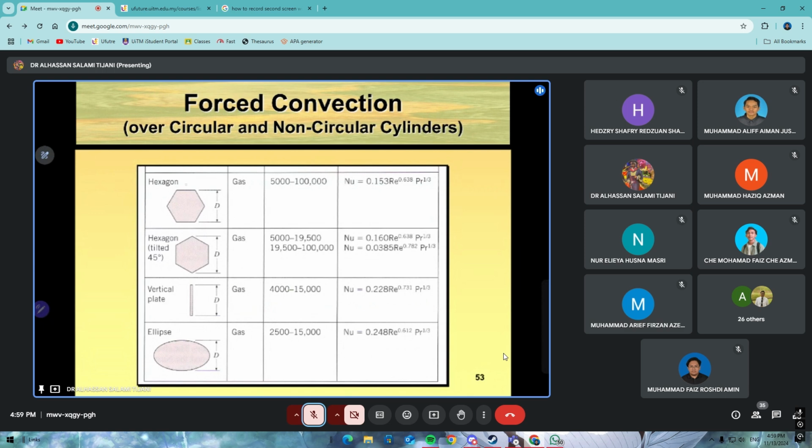And for a hexagon, with a Reynolds number within this range, the appropriate Nusselt number is this. Hexagon tilted. So these are the fundamental equations. For a vertical plate, the Nusselt number is this. For ellipse geometry, the Nusselt number is this.